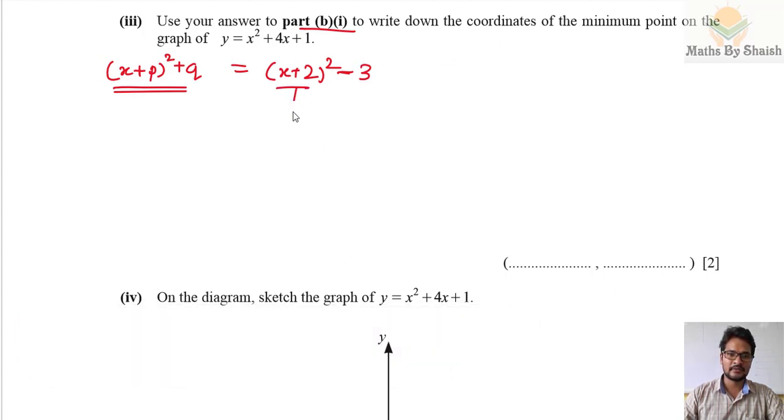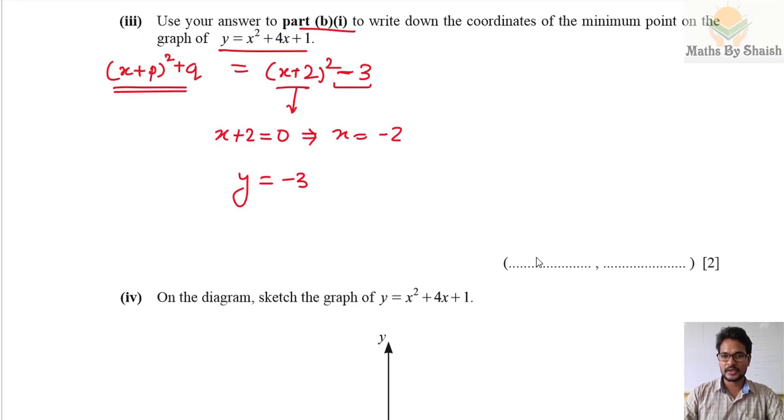The x value we get from here, and the y value is this. For the x value, x plus 2 equals 0, meaning x equals minus 2, and once this becomes 0 we get minus 3, which would be the y value. So the minimum point is (-2, -3).